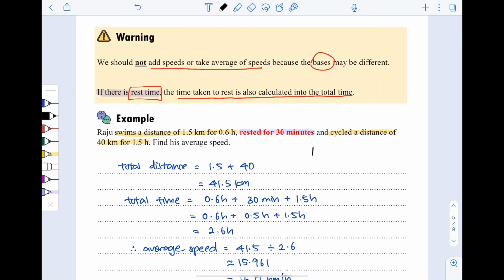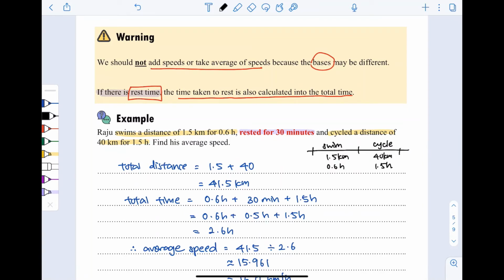To illustrate this, there is a swimming portion and a cycling portion. So this takes him 1.5 km for 0.6 hours, and this takes him 40 km and 1.5 hours.